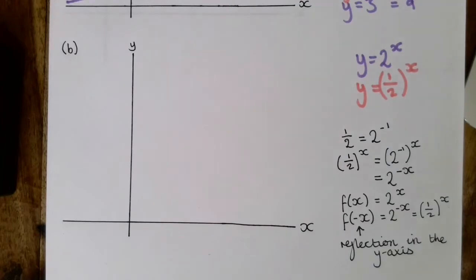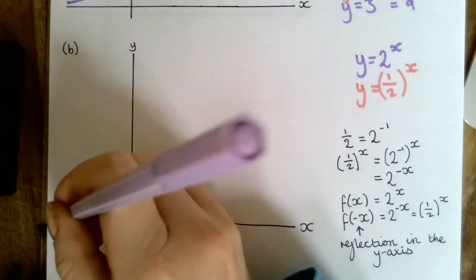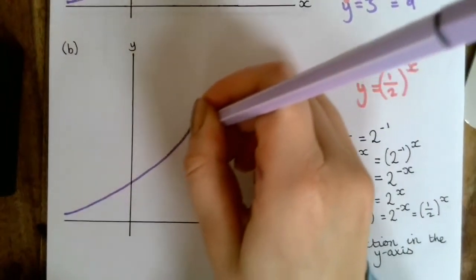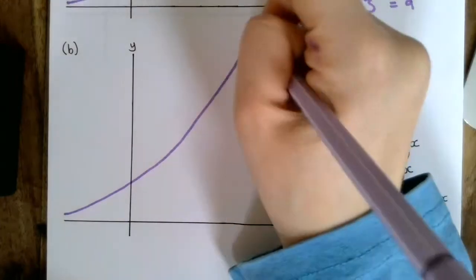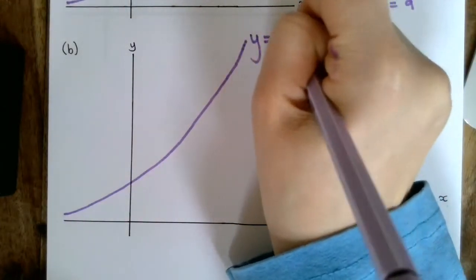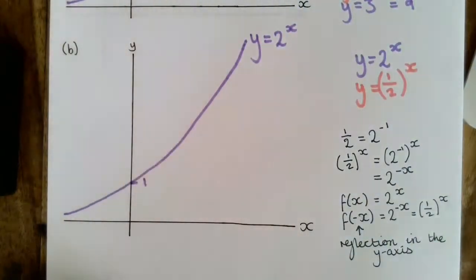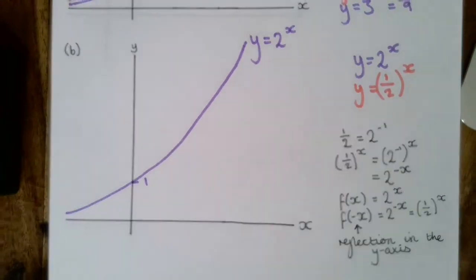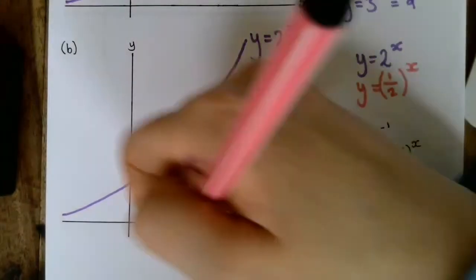So we're going to start off by drawing y equals 2 to the power of x. We've already drawn this in our previous example, so that looks something like that, where our y-intercept is 1. So we know that y equals a half to the power of x.